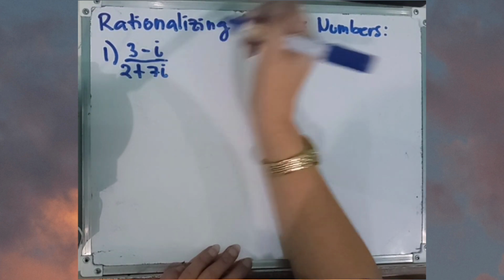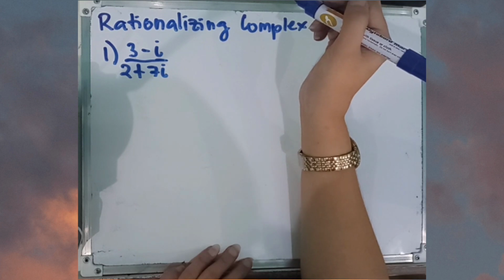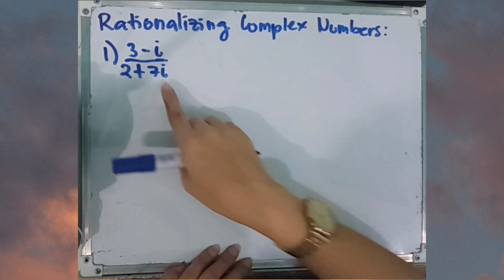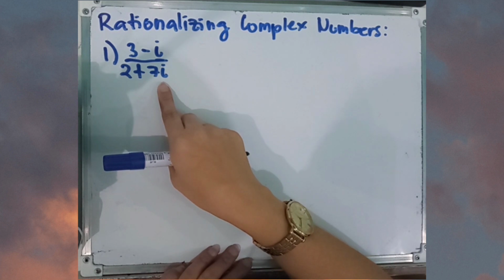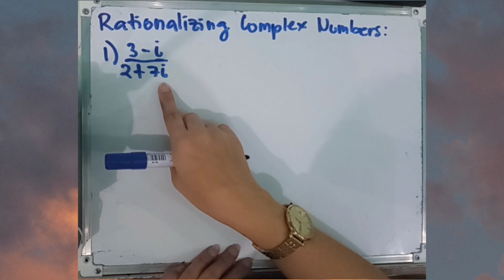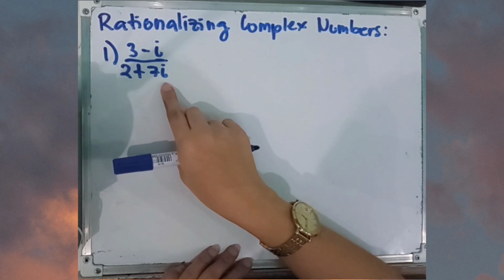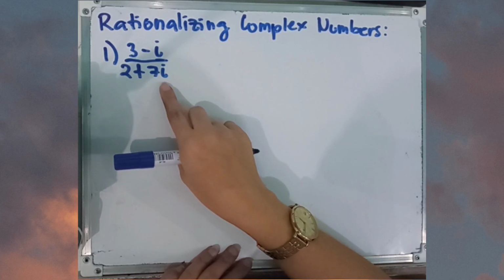So this would seem as division of complex numbers, but what we actually do is simplifying the complex number. Now, as a rule, we cannot have imaginary numbers for our denominator if we would like to simplify complex numbers.